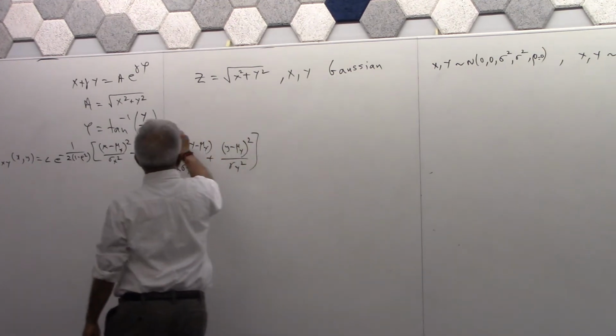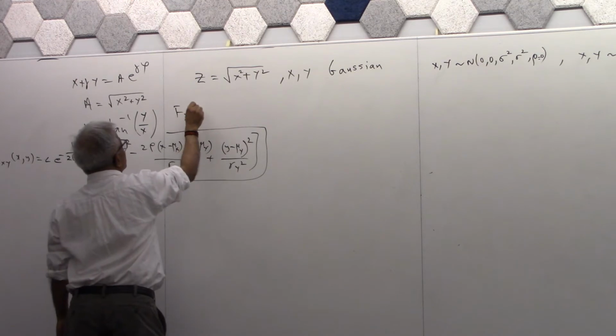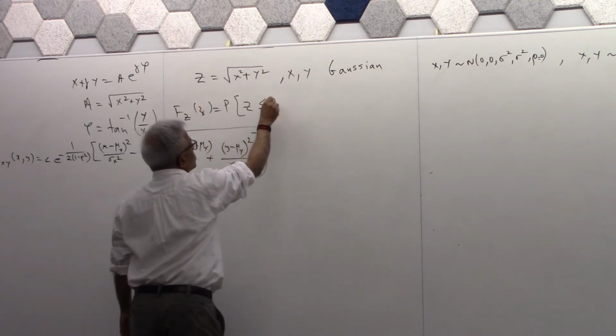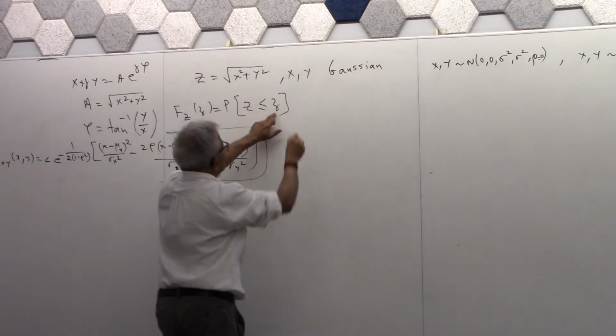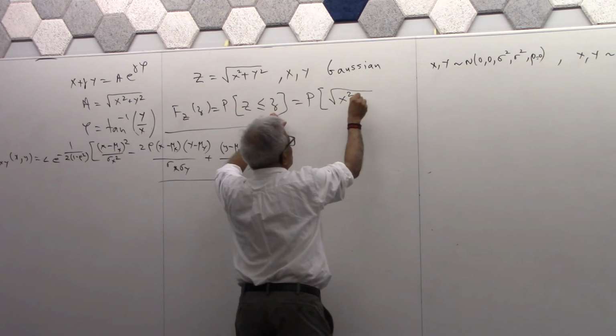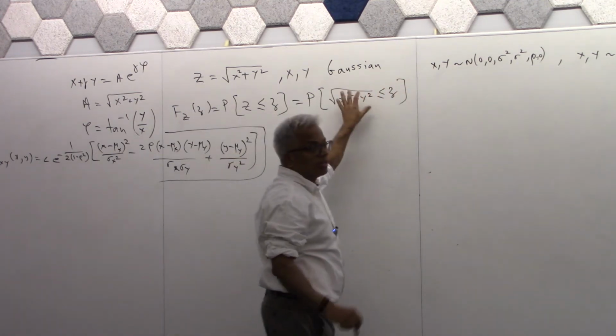So let's start with the distribution function. By definition, by now you know how this is going to go: the probability that Z is less than or equal to z. But Z is the square root of x squared plus y squared, less than or equal to z. So where is this region?